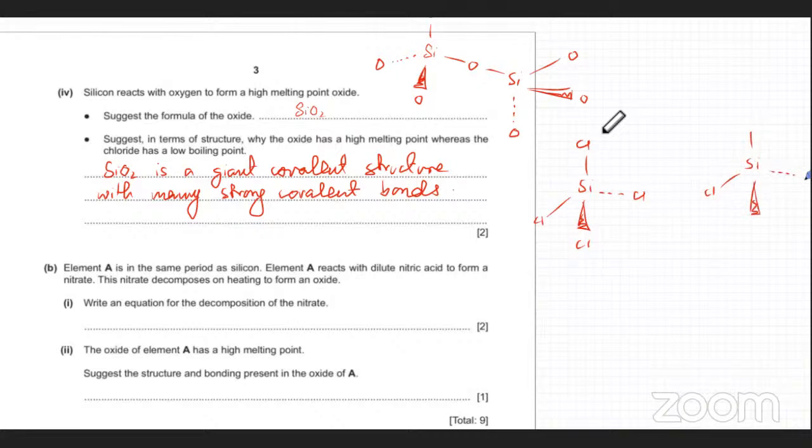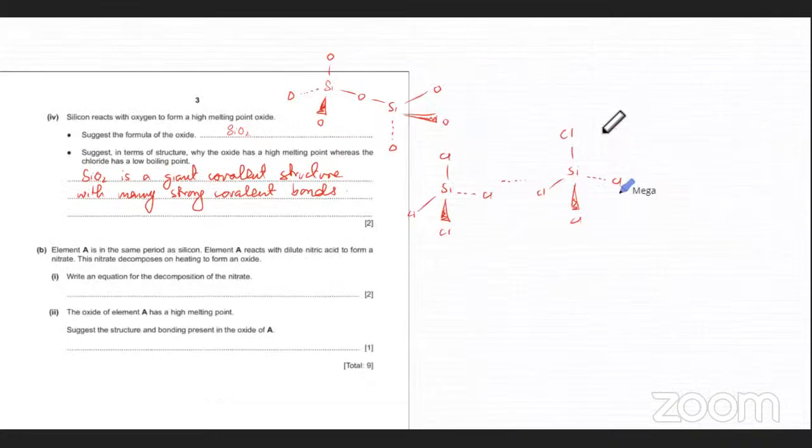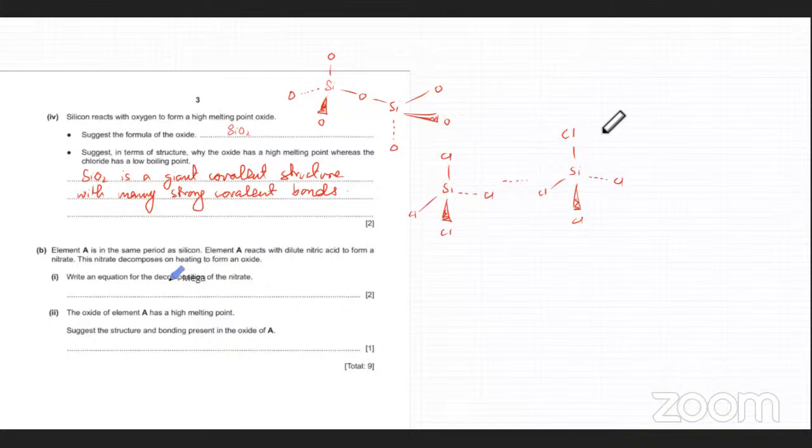The only thing between them are weak intermolecular forces, or weak van der Waals forces. They're not going to attract each other much. So for SiCl4, you're going to write that it is simple molecular with weak van der Waals forces.